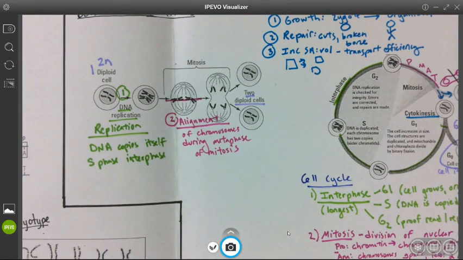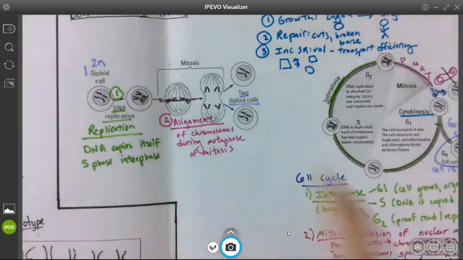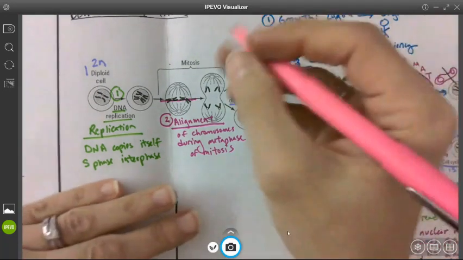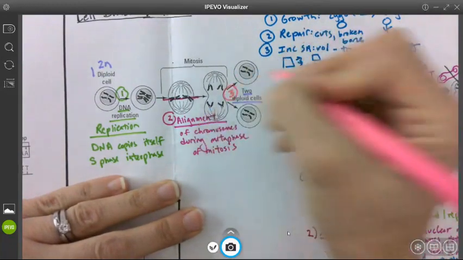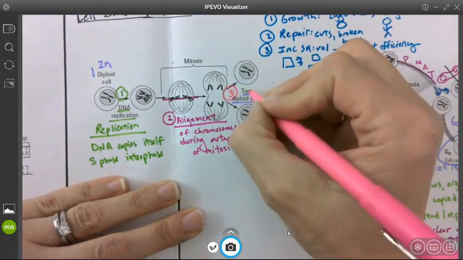The third checkpoint is have the chromosomes separated correctly. That also occurs during mitosis. Okay, and kind of mitosis to cytokinesis here. So here's our third checkpoint right here. I'm going to write it over here because I'm running out of space.